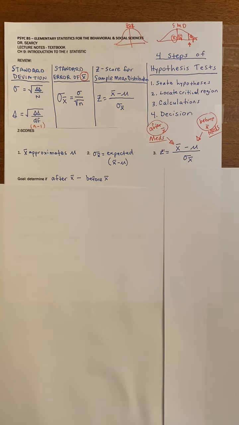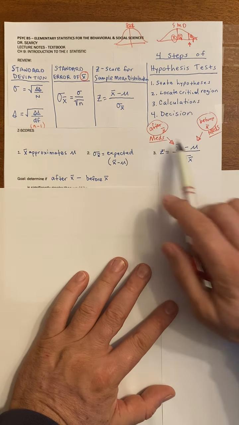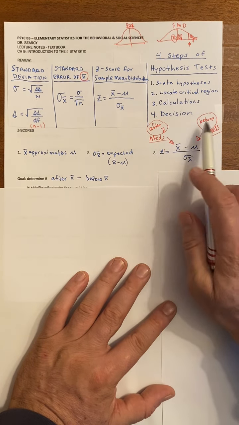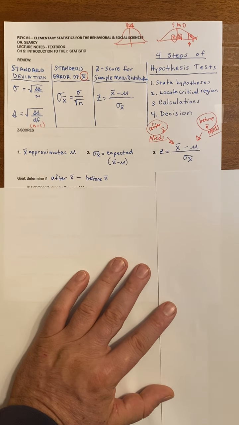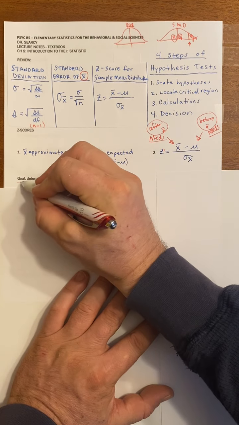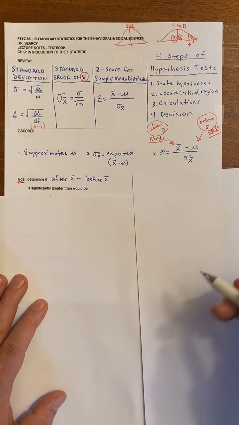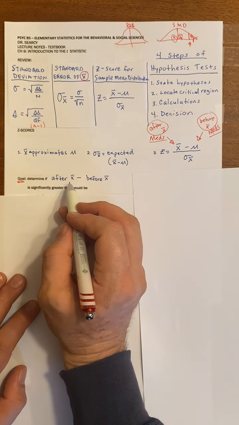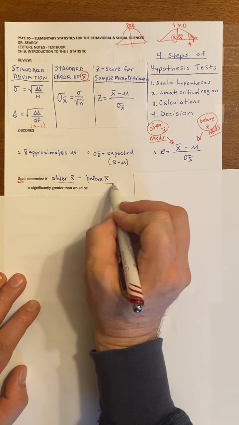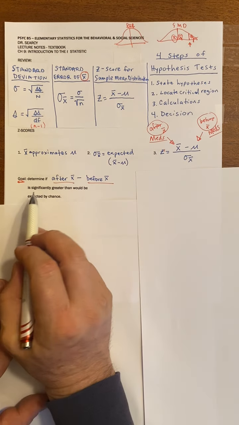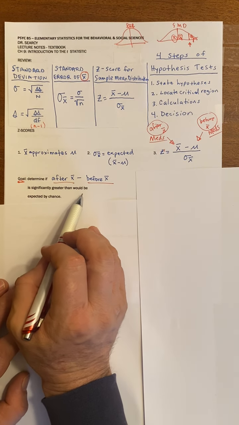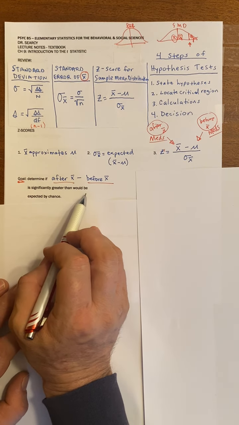Okay, so one thing that we really want to understand is this point that I was just making about the before and the after means. Our goal in all of this is to determine if that difference between the after score and the before score is significantly greater than would be expected by chance.